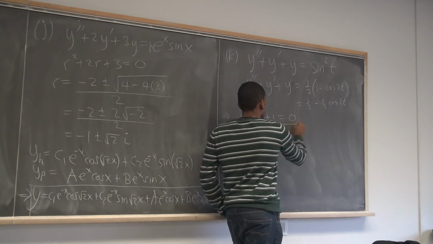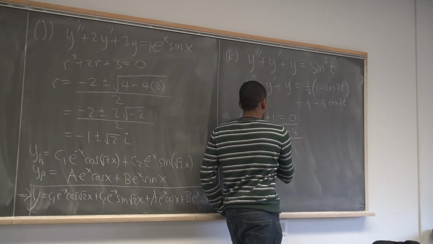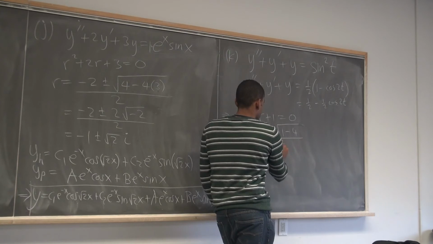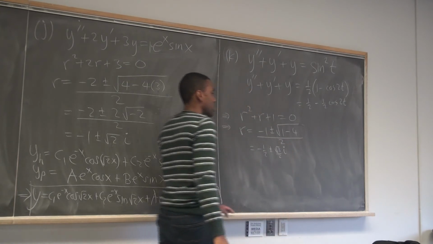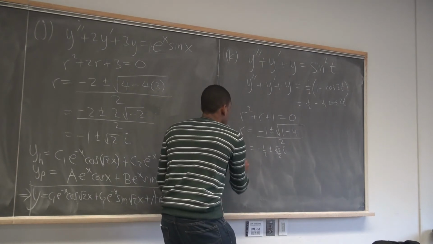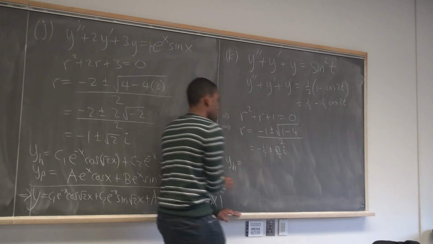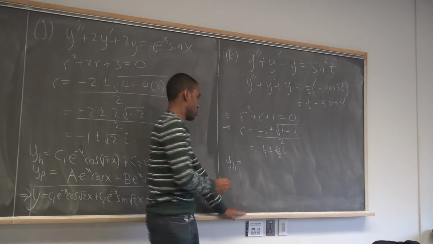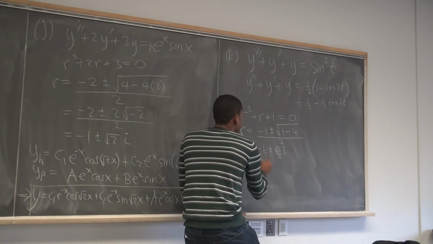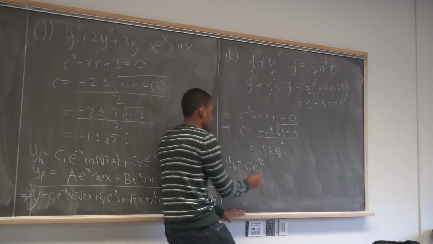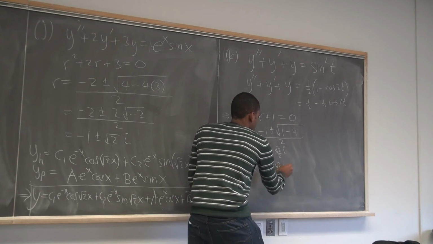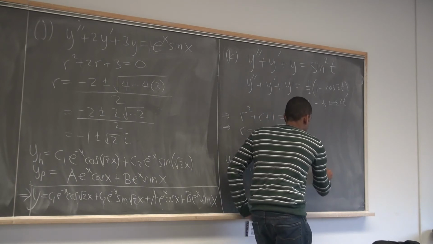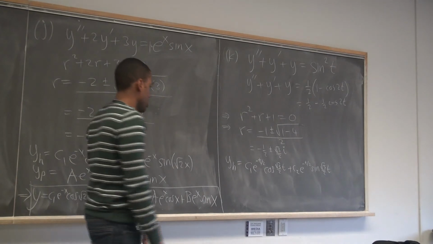Minus b plus or minus the square root of b squared minus 4ac all over 2a is going to be minus a half plus or minus radical 3 over 2 i, which means our yh looks like c1 e to the negative t over 2 cosine radical 3 over 2 t plus c2 e to the negative t over 2 sine radical 3 over 2 t. Okay, that's our homogeneous solution.